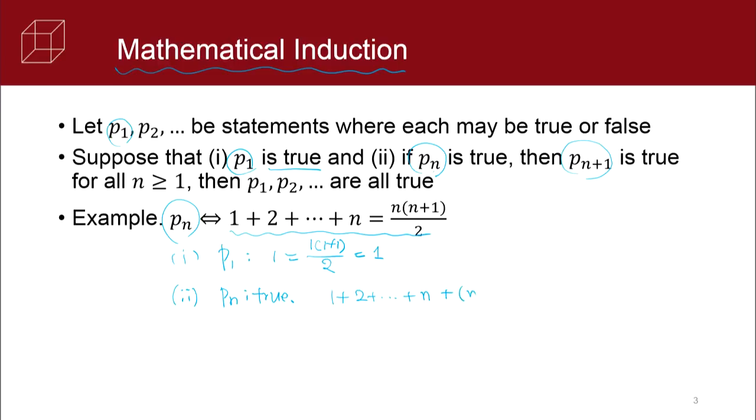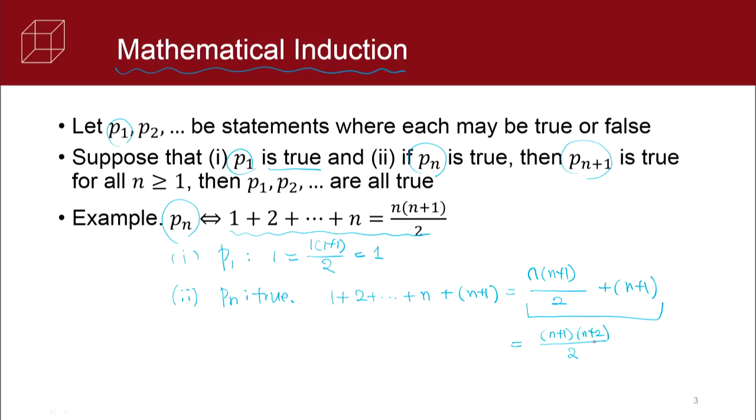So I'd like to add n plus 1 on both sides. And that is equal to n times n plus 1 over 2 plus n plus 1, right? So this right hand side becomes n plus 1 times n plus 2 over 2.